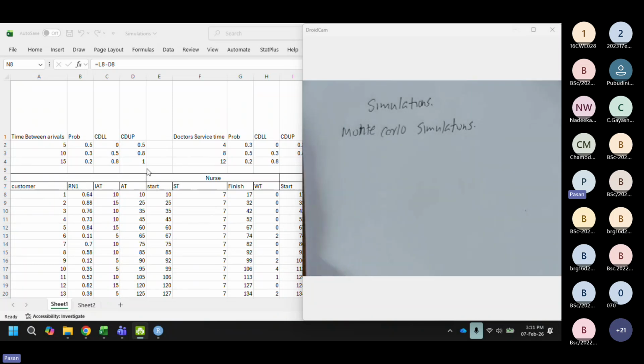Now this is another approximation technique. If you're thinking about different approximation techniques, numerically we can approximate things using mathematical techniques. We have numerical methods we can apply, like the Newton-Raphson method and the bisection method and so on.